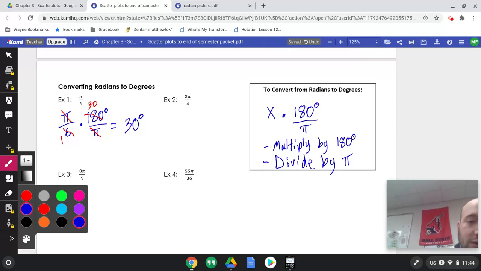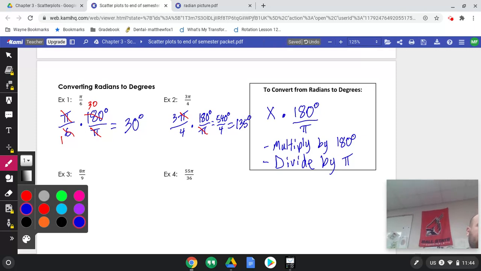Okay, so our next one, 3 pi over 4 times 180 degrees divided by pi. So once again, pi cancels, pi cancels. Now in this case, we know hopefully 3 times 180 would give us 540 degrees over 4, which if we reduce that, we'll get 135 degrees.